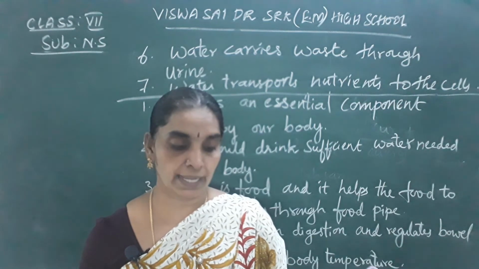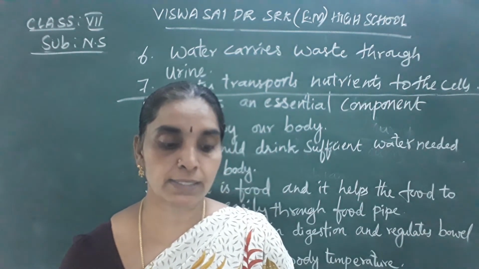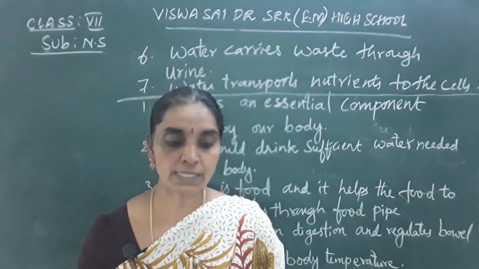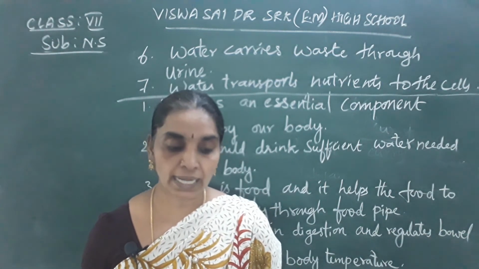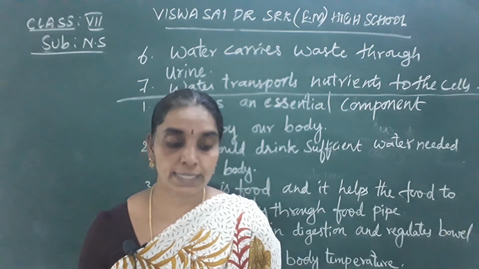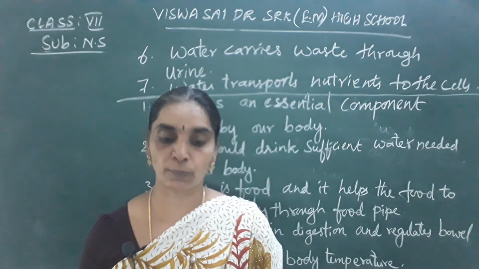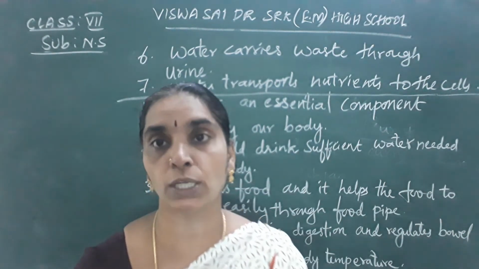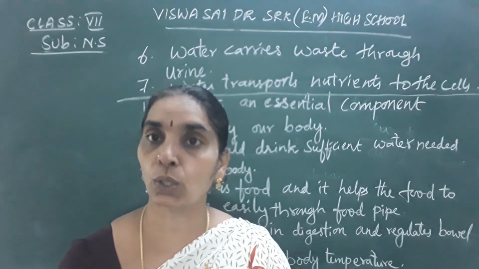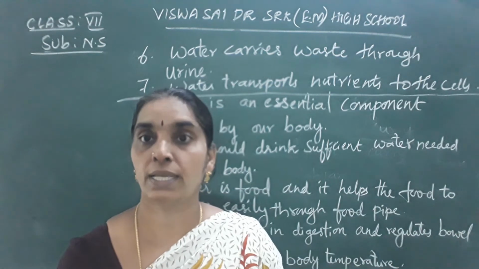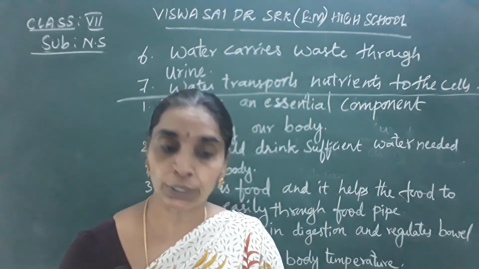Okay children, next, vitamins and minerals are micronutrients. Vitamins are organic substances. They are made by the plants and animals, you know well. They are essential nutrients required in small quantities for normal functioning of our body. So the foods rich in vitamins are called protective foods. Hence they are called protective foods.